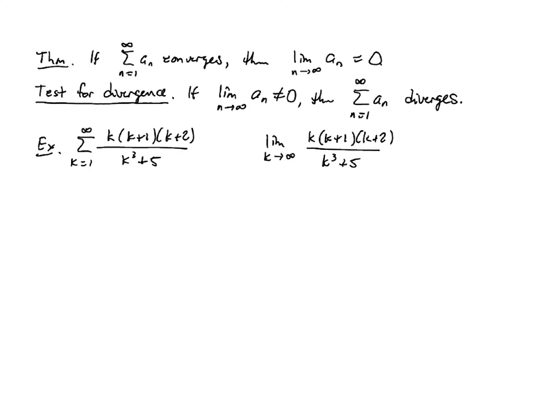The denominator has highest power of k equal to 3, and so my limit is going to be the ratio of the leading coefficients. You could also check that this limit converges by looking at it as a function of x and using L'Hopital's rule, or multiplying top and bottom by 1 over k cubed. The point is that here my nth term limit is non-zero.